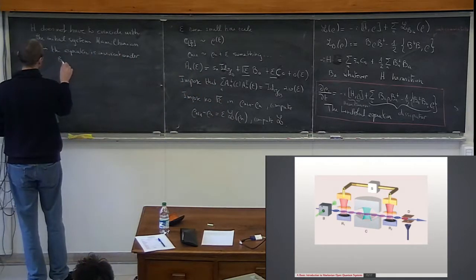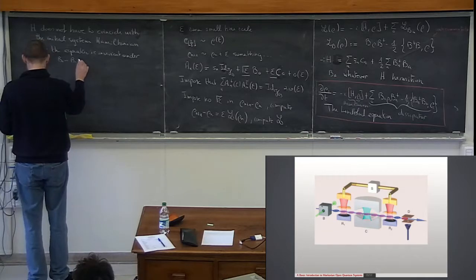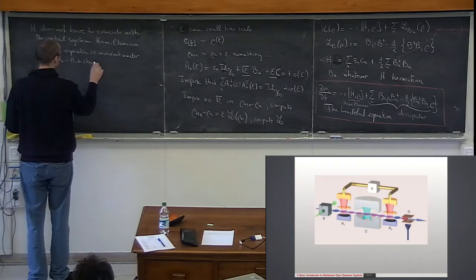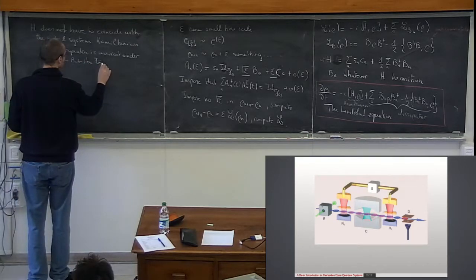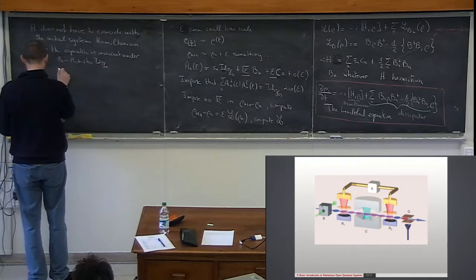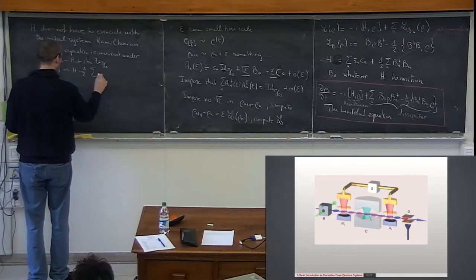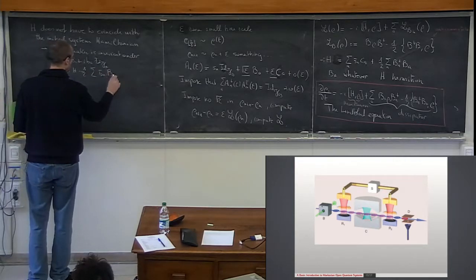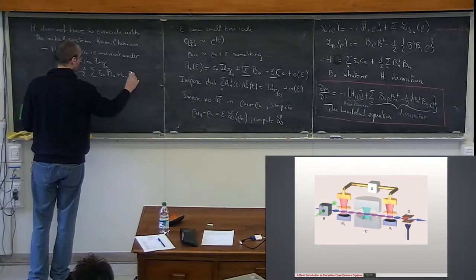If you change B_A into B_A plus i, a scalar times the identity on H_S, and you change H into H minus 1/2 sum of the B_A bar, B_A plus B_A dagger.